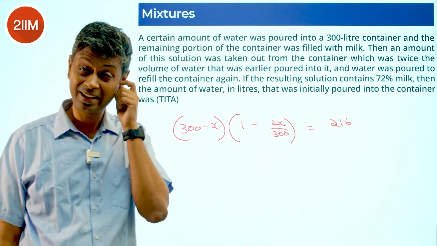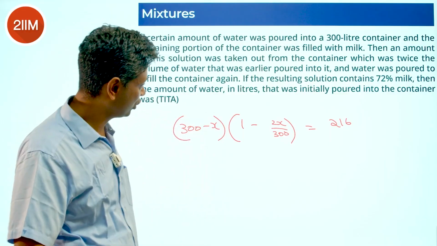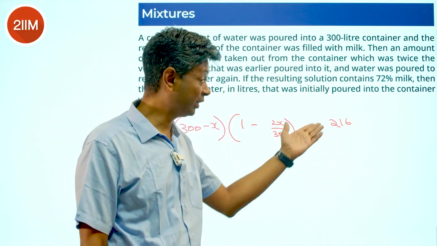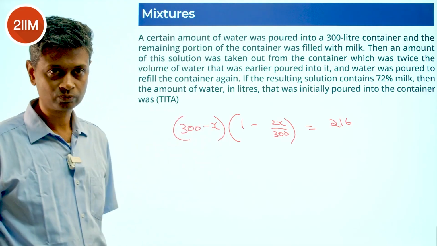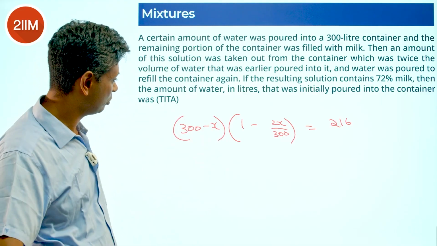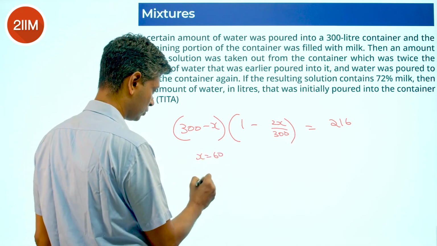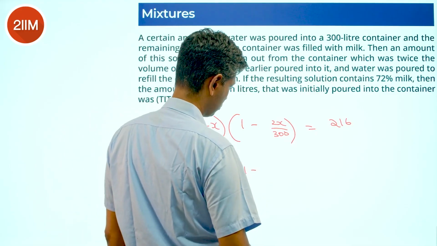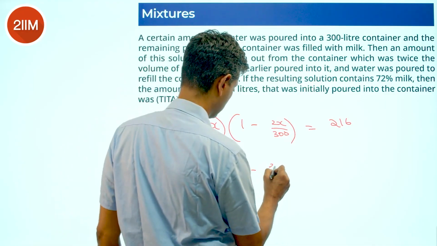After this, ideally I want to poke around and do some substituting numbers. 216 is a multiple of 6, 6 into 6 into 6, is a multiple of 27, 27 into 8. And so this number should also have lots of 3's, 27 is sitting there. So my gut feel is x could be 60, this is 240 into 1 minus 120 by 300 is 2 by 5.